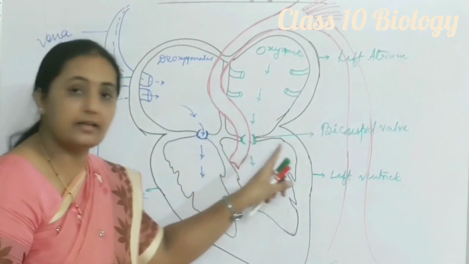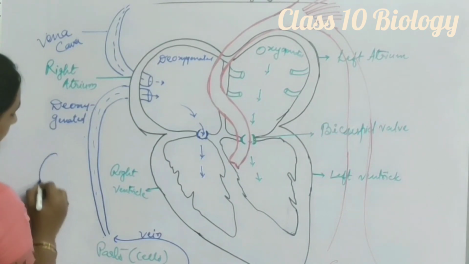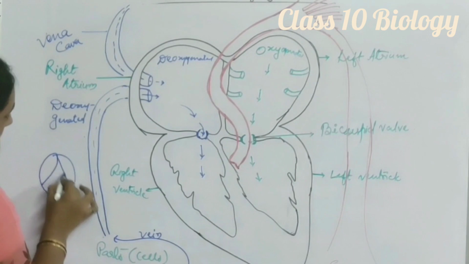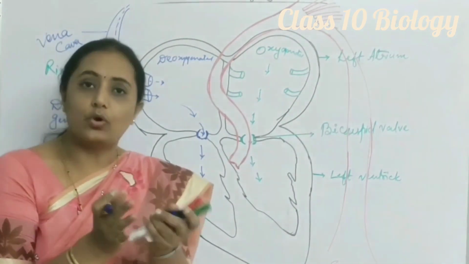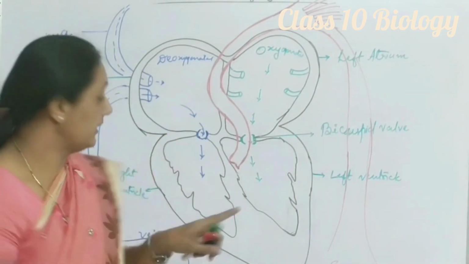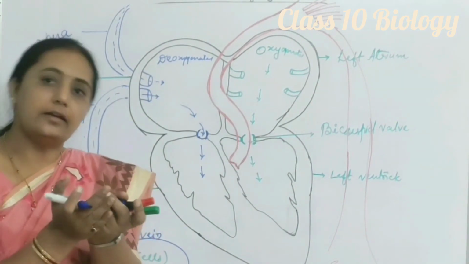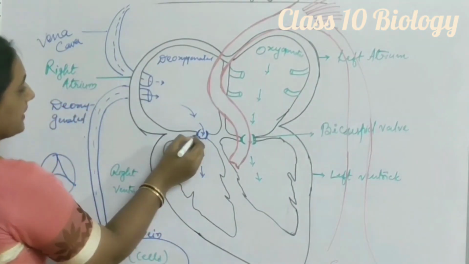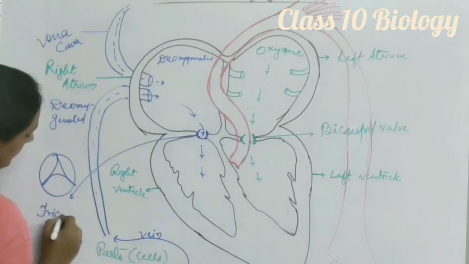On the right side it is three flaps. These three flaps open and blood falls down into the ventricle. Once blood has come into the ventricle, the flaps close again. So this valve is called the tricuspid valve.